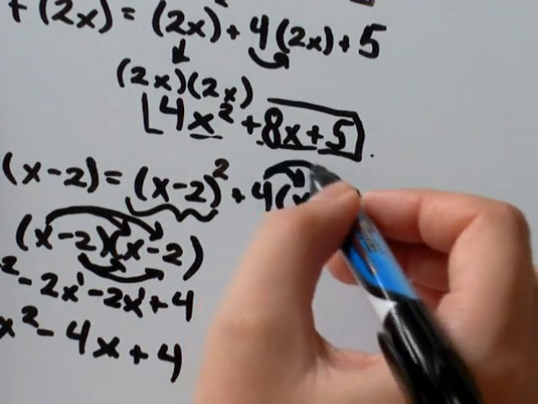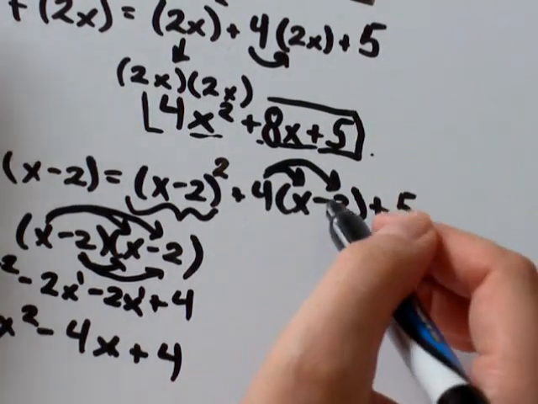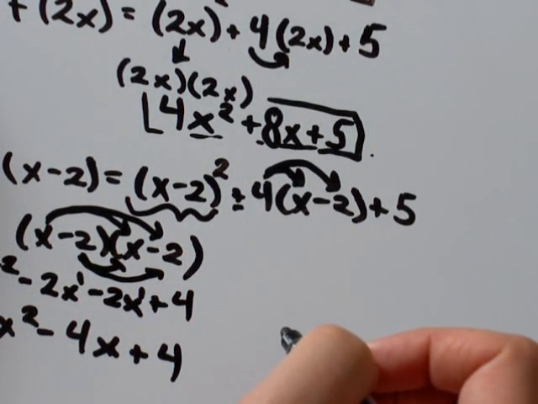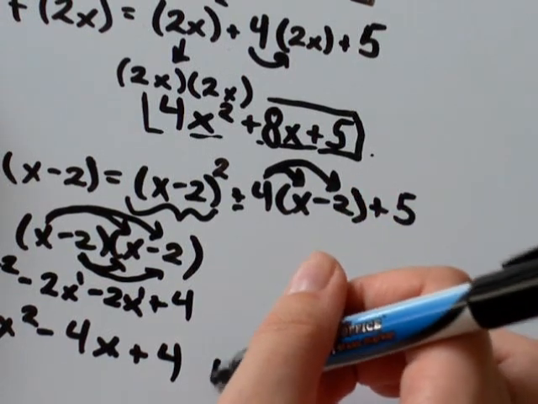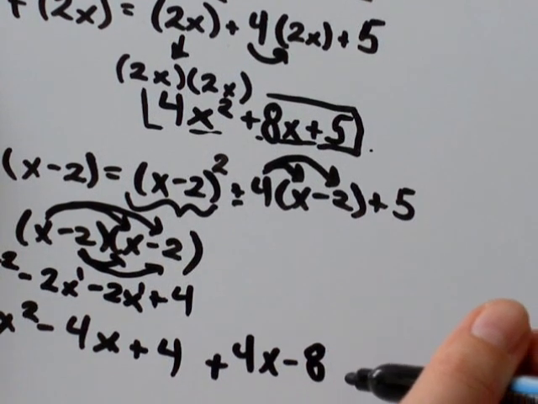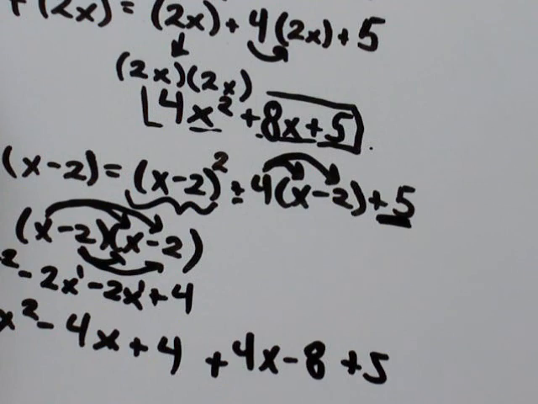This one's not so bad, just a distributive property. Take your 4 and multiply it by everything in brackets. And don't forget that your positive sign comes along for the ride with you. And so we've got plus 4x minus 8 for that one. And then plus 5 just comes along with us.